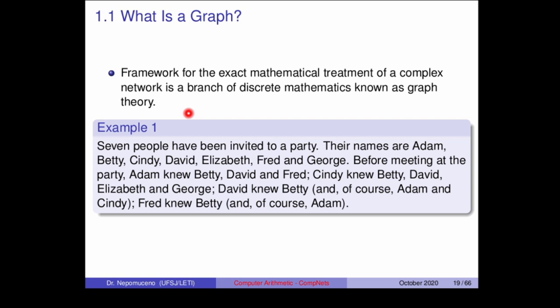So, example 1: 7 people have been invited to a party. The names are Adam, Beth, Cindy, David, Elizabeth, Fred, and George. Before meeting at the party, Adam knew Beth, David and Fred; Cindy knew Beth, David, Elizabeth, and George; David knew Beth, and of course Adam and Cindy; Fred knew Beth, and of course Adam.